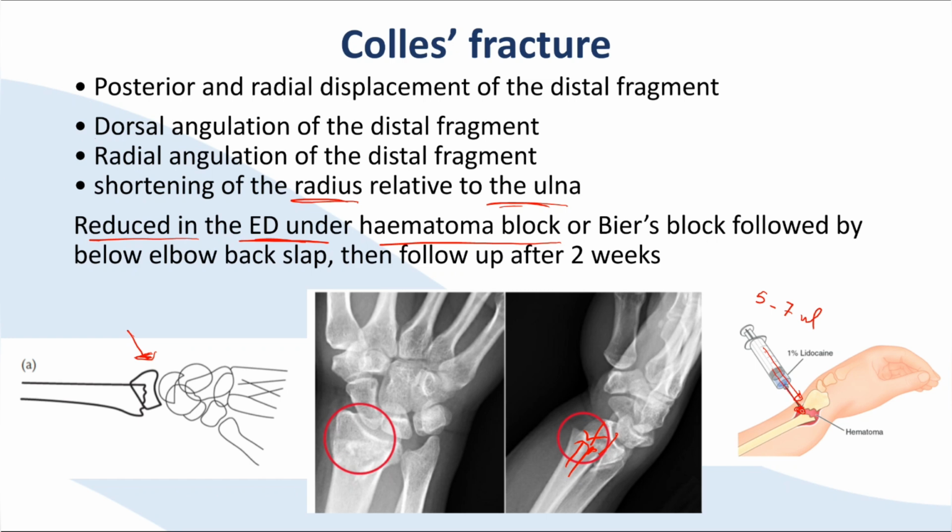Once you aspirate blood, you push the lidocaine and anesthetize that area well before reduction. Then after that, do a check X-ray, and as we said, put the patient in a below elbow back slab, then follow up after 2 weeks. How to reduce it, I will show you a video which is on YouTube.